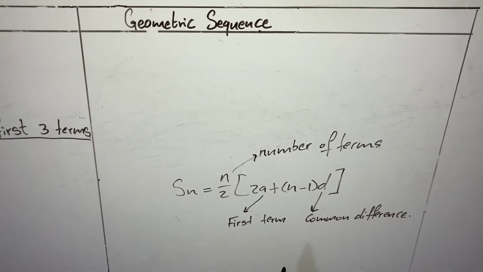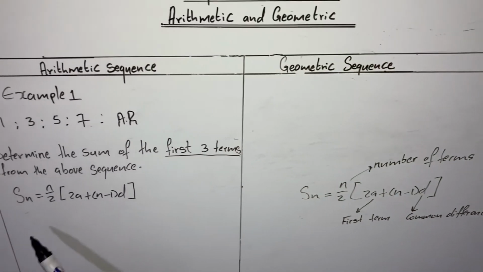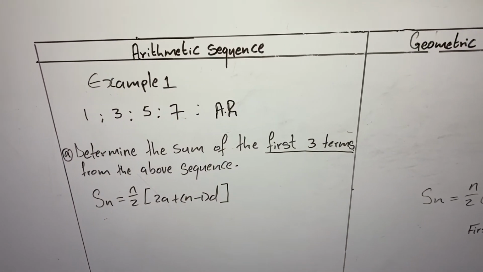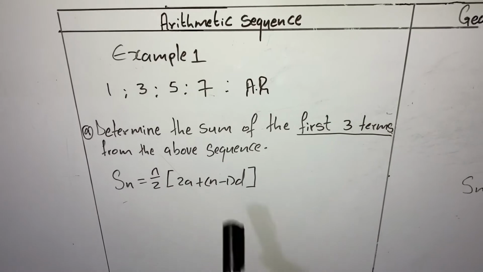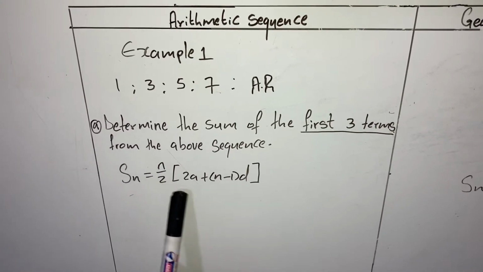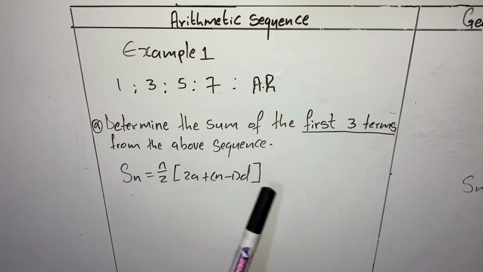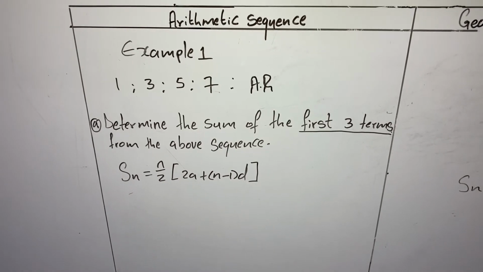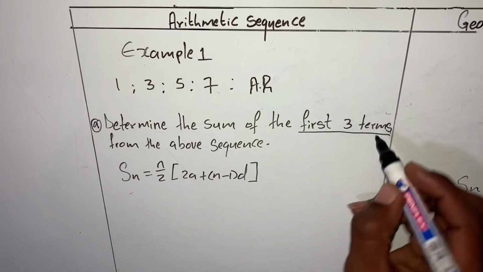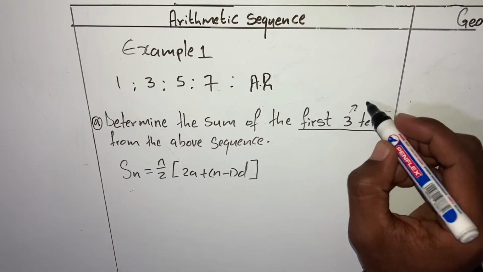So we are going back to our sum. Determine the sum of the first 3 terms from the above sequence. And the formula is Sn equals n over 2 times (2a plus (n minus 1)d). Since they said it's the sum of the first 3 terms, they gave you the number of terms. We take 3 as our n.